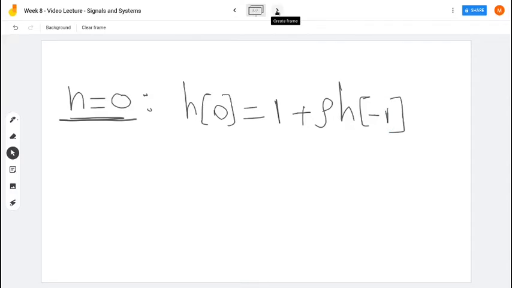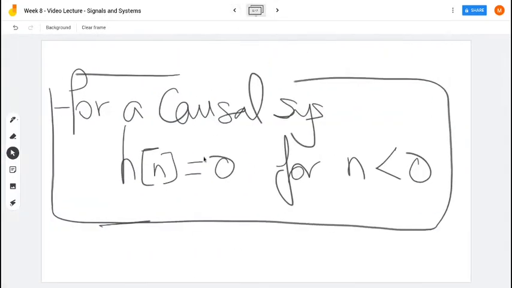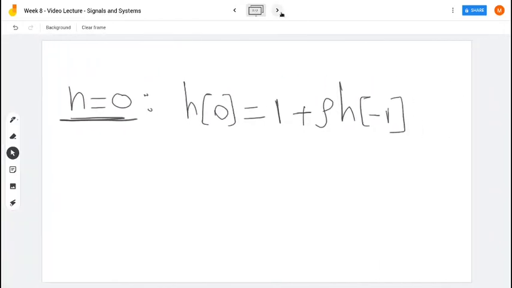But if you remember, the condition of causality implies that h of n is equal to 0 for n less than 0. So for n equals minus 1, minus 2, minus 3, h of n is 0. So now we can easily write that h of minus 1 is equal to 0 due to the causality, which makes h of 0 equal to 1.